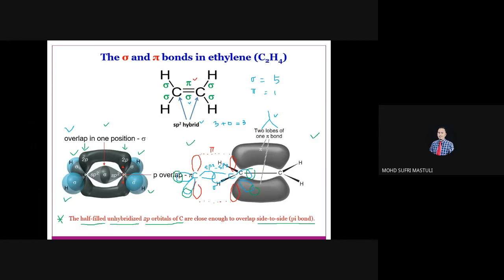So this means that to form the pi, the orbital should be unhybridized and half filled, only one electron.